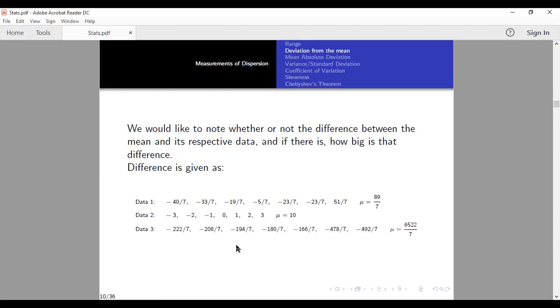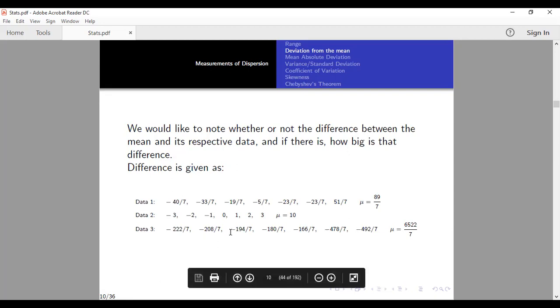But when we look at the third data, now there is a huge difference in figures because, of course, as expected, the values are very large. We're talking about 900s and 1000. It is expected that the values are large, but the differences are not that big.